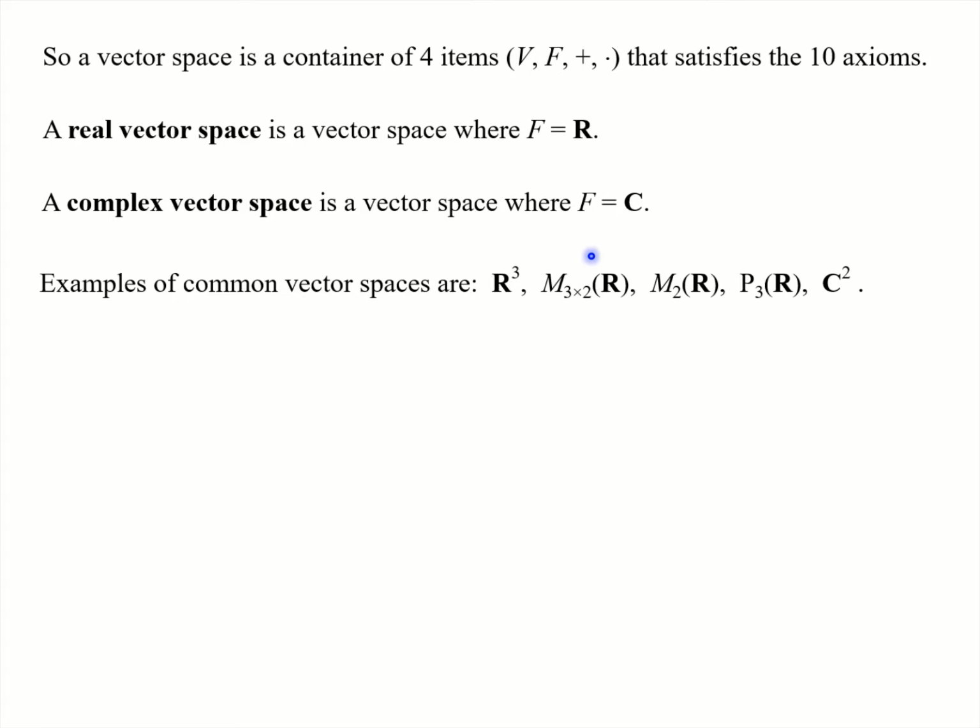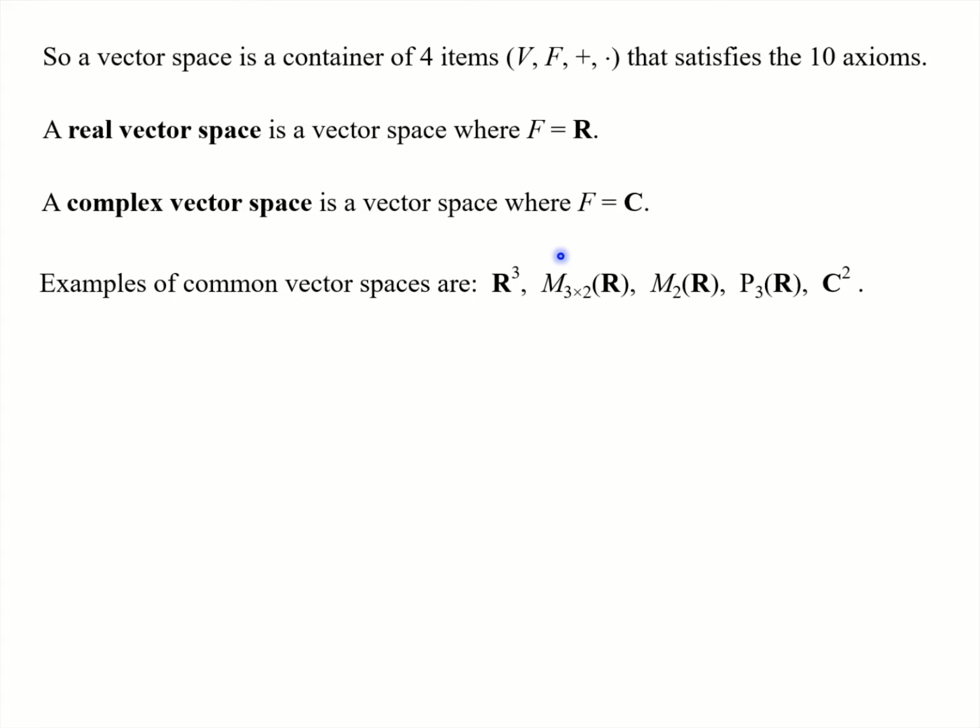You can go through the list of the 10 axioms. The next one would be: if you have a 3x2 matrix and add it to another one, and then decided to do the addition in a different way and put the one that was on the left on the right, does that make a difference when you're adding two 3x2 matrices? No, it doesn't. So the commutative property of addition holds.